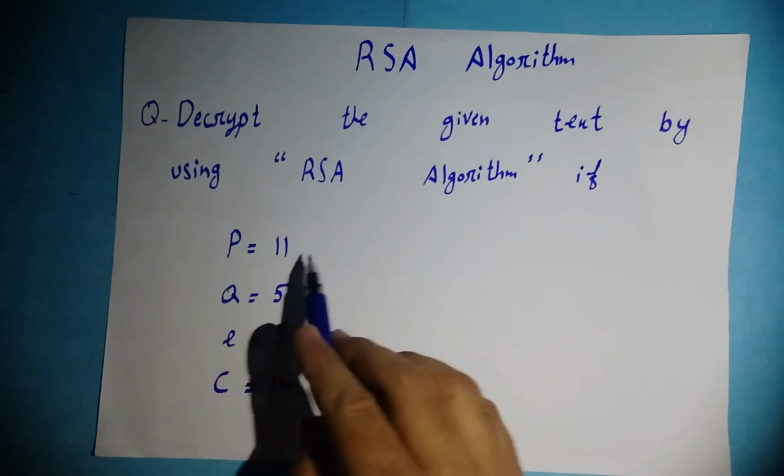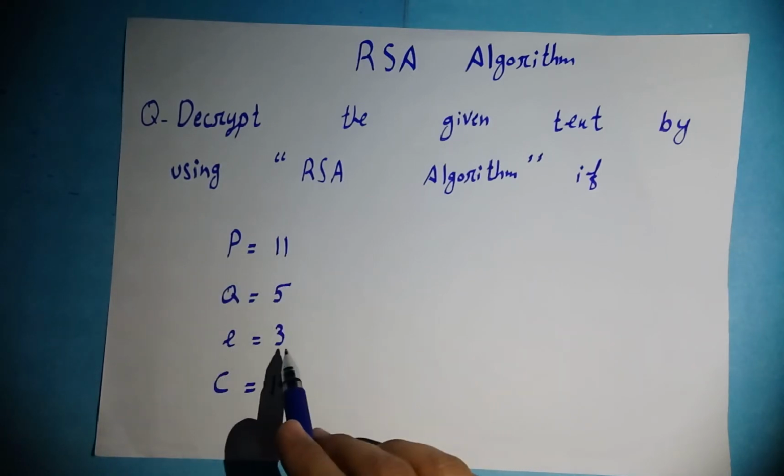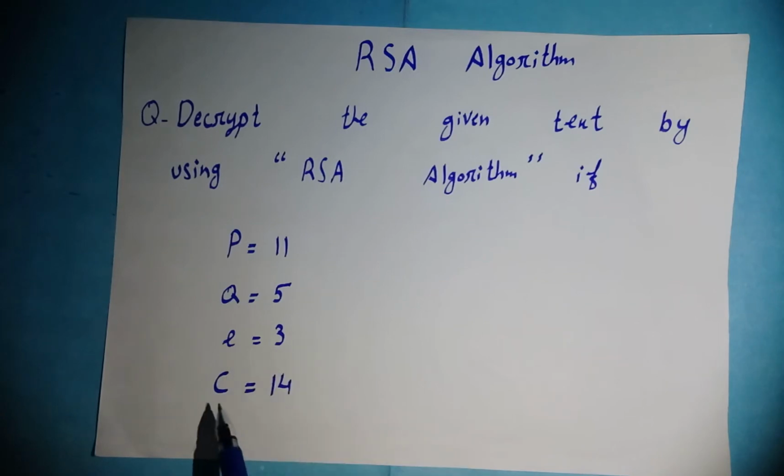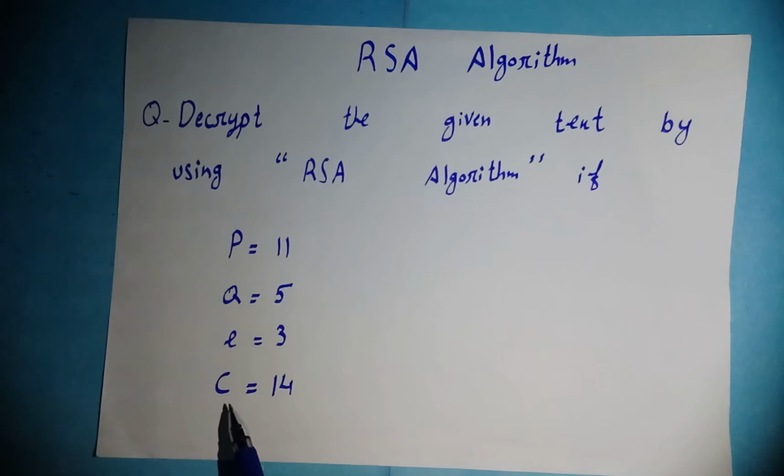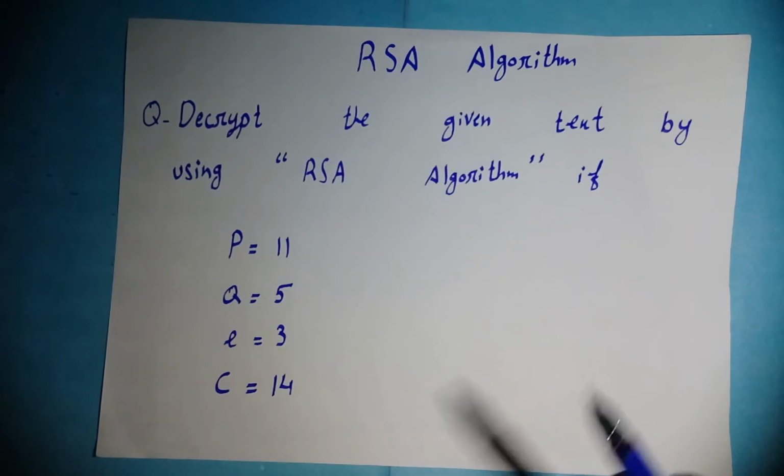P is equal to 11, Q is equal to 5, E is equal to 3, and the last value is C is equal to 14. Basically this C represents the cipher text, and this cipher text I've got is 14. Now I'm going to convert this cipher text into plain text by using RSA algorithm.